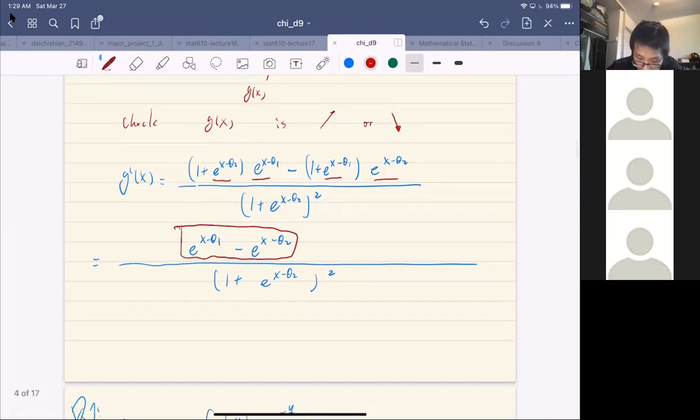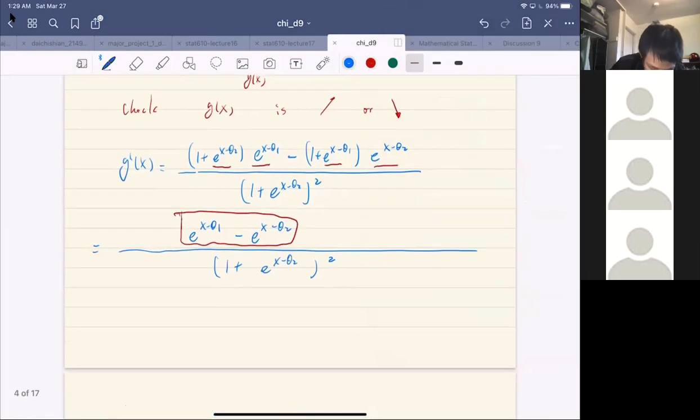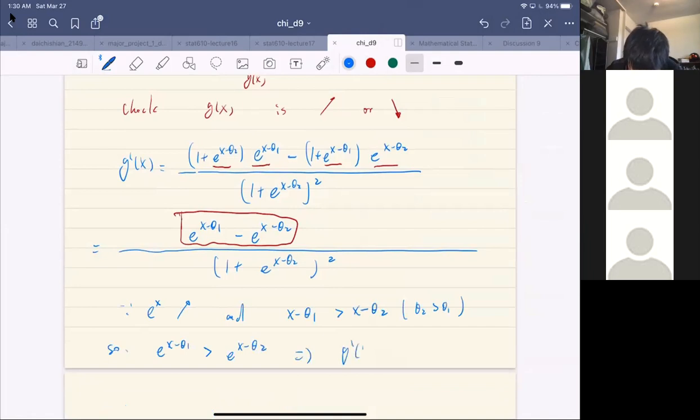And we know that the exponential is a monotone function. And x minus theta 1 is greater than x minus theta 2, because theta 2 is greater than theta 1. So this is greater than this, which implies g prime of x is positive.